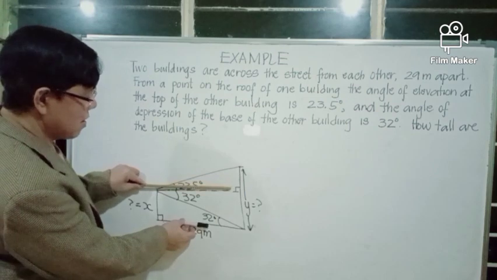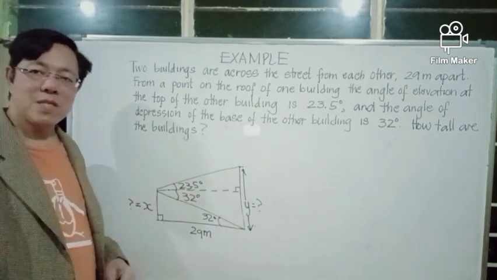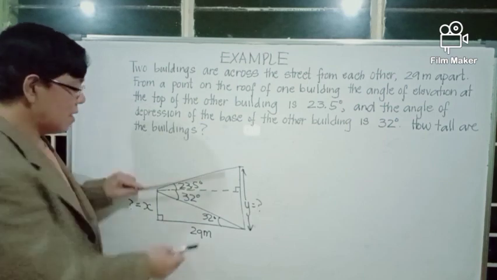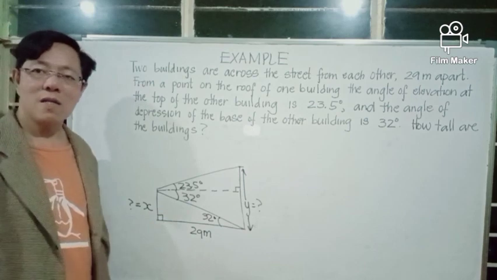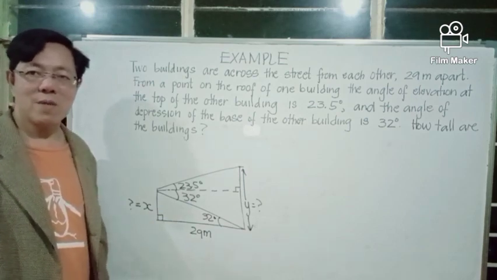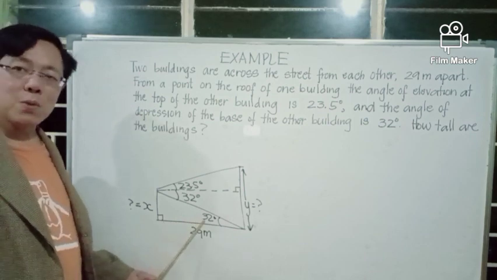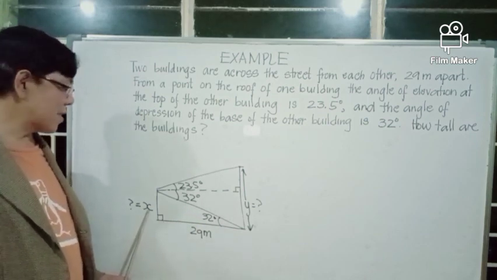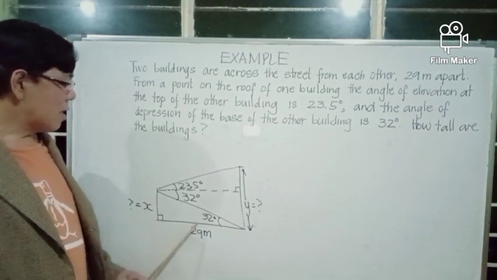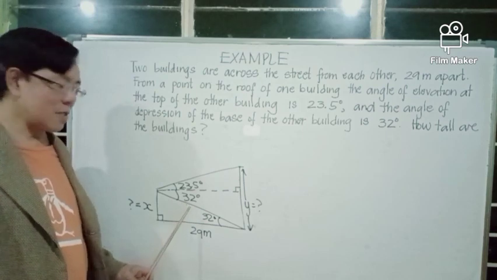These lines are parallel and this line is the transversal line. By the property of parallel lines cut by a transversal, alternate interior angles are congruent, which means their measures are equal. Now the side opposite 32 degrees is x, the height of the first building. And the given is the side adjacent to 32 degrees.